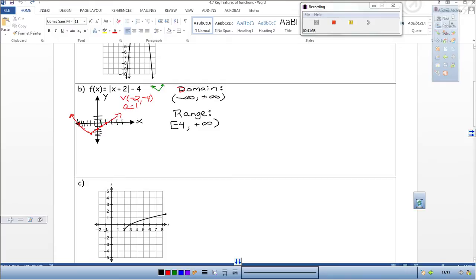Okay, the next thing we need to do is the intercept. So to graph this, it might be a little bit more difficult to find the intercept. Okay, the x-intercepts are here and over here. And if I did this well, it should be 2 for x and 0 for y.